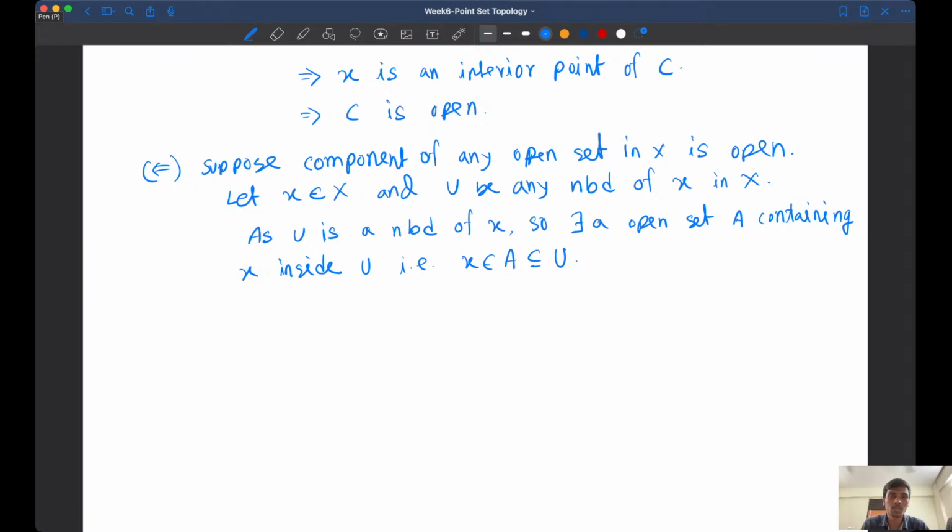Now A is an open set, so by hypothesis any component of this open set A is open, right? And that component will be connected, by definition. So I will consider the component which contains this point X. So that is my required open connected neighborhood around X.